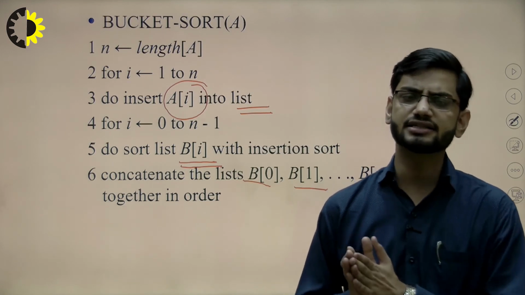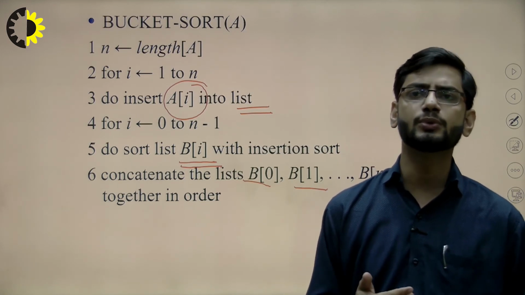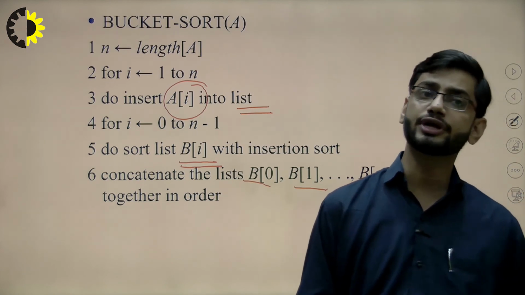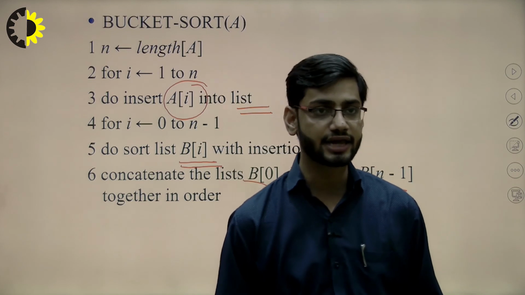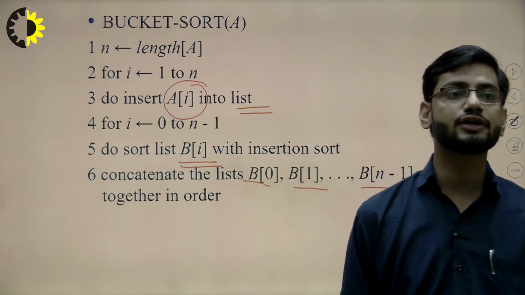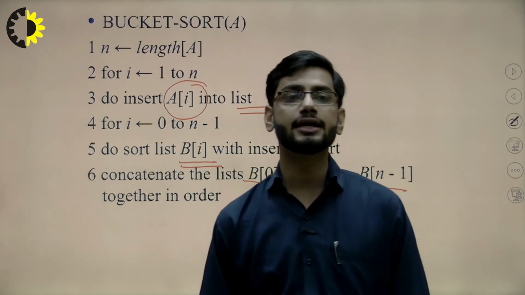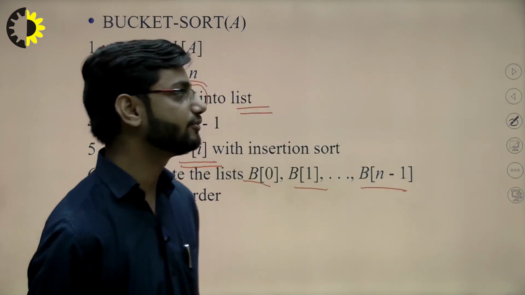So these buckets will contain at most 2 or 3 elements, so insertion sort will give the output array in linear time. At last, we will merge all the buckets into a single linked list with the concept of pointers.